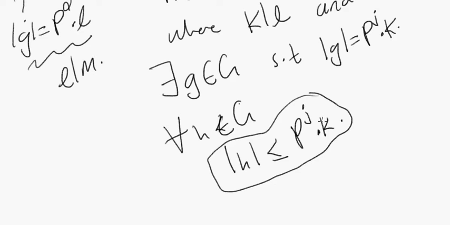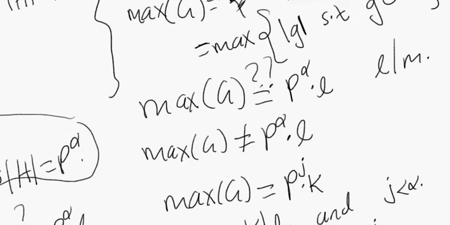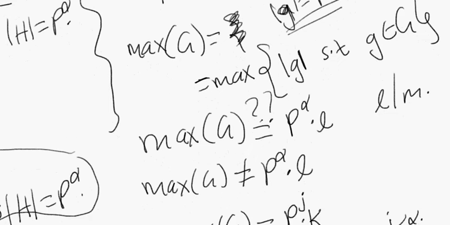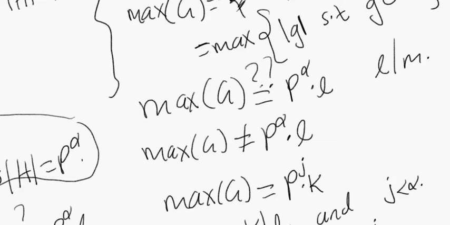It's unclear. So these all seem to be reasons to abandon this approach. It's all well and good that we've defined this set, but it's hard to think: are there any theorems that tell us something about what the largest order has to be?